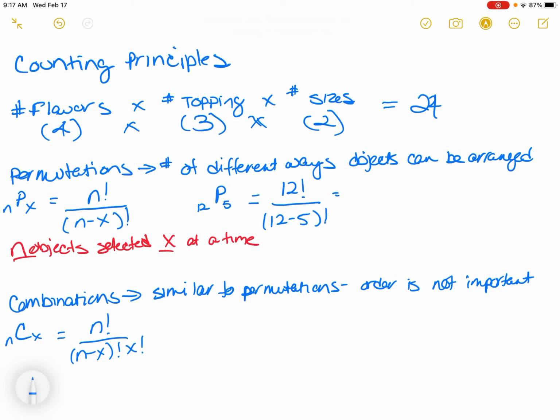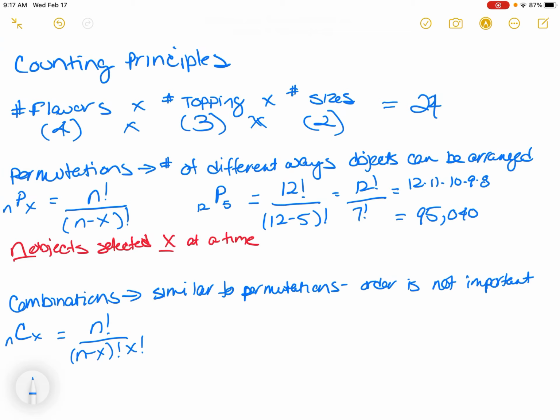And that's going to be equal to 12 factorial over 7 factorial. So that makes it 12 times 11 times 10 times 9 times 8, because everything after 7 factors out, right? And that is going to be equal to 95,040 different ways you can call out those 5 names, given that order matters. That is insane, right?